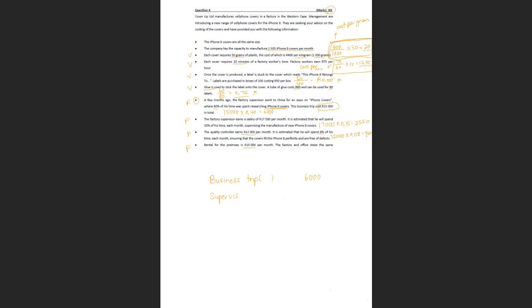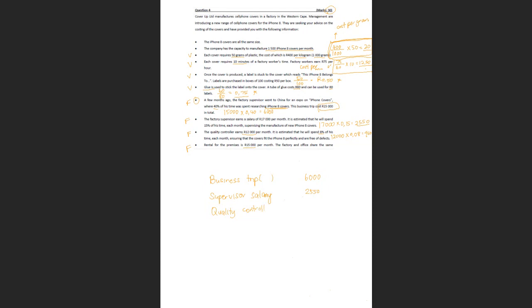So I'm just going to say supervisor salary. And again, here we worked out the amount specific to this job being carried out, and that was the 2,550. Then we had the quality controller, and again, only the amount specific to the job at hand, and this was the 960.